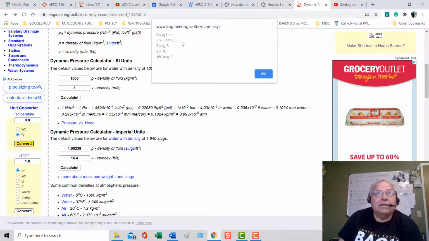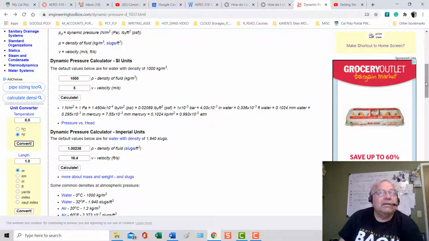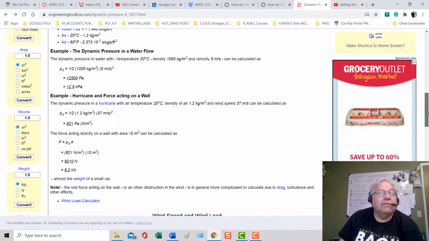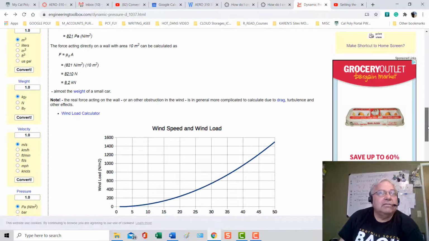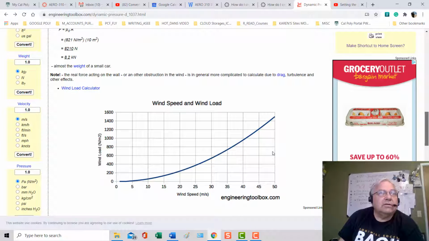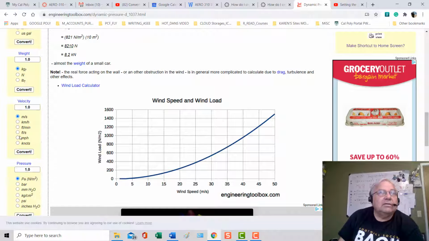And look, if I scroll down on the left-hand side, you have conversions for area, volume, weight, velocity. So here's feet per second. Let's put down 88 feet per second because I know that's about 60 miles an hour.